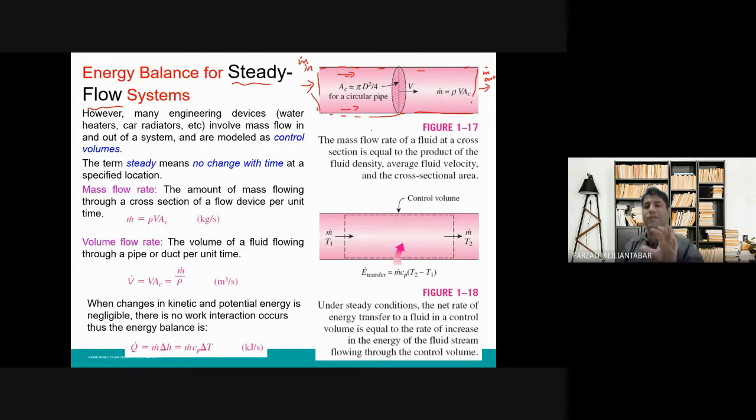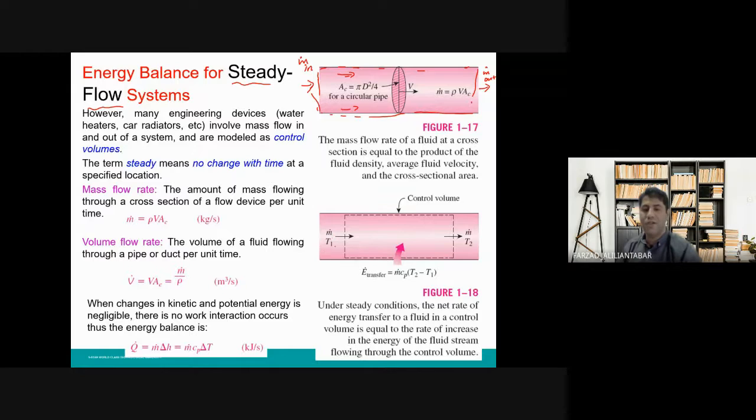So if we learn how to find the heat transfer for a steady flow system, we can use it for many applications. So we select our control volume like this, m dot into the system and m dot out, which is constant. So simply we can say m dot.